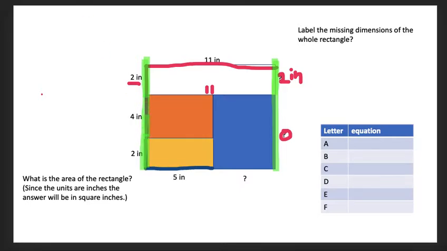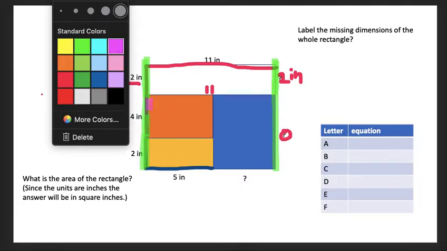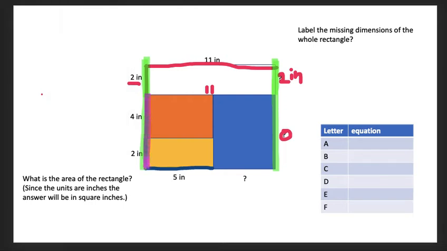Now, we already had the 2 inches, and this was 4 inches, and this was 2 inches. That means that this 4 and 2 inches has to be the same length over here of that blue rectangle. So 4 plus 2 equals 6. So this would be a 6. And you know what? Let's just double check.